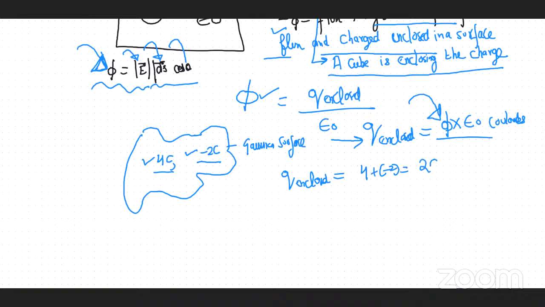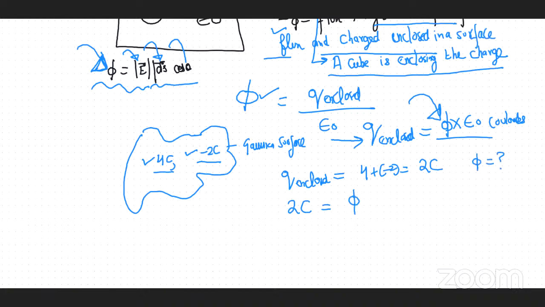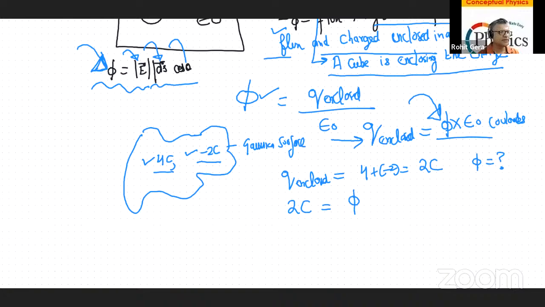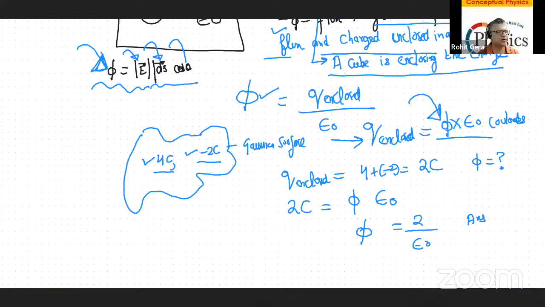So 2 coulombs is equal to the flux times epsilon naught, which you have to find out. So how much is the flux enclosed by the Gaussian surface? 2 Q by epsilon naught. This is a fixed quantity.